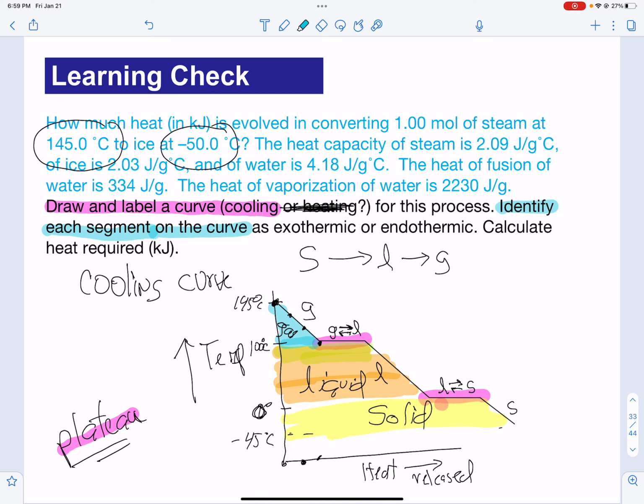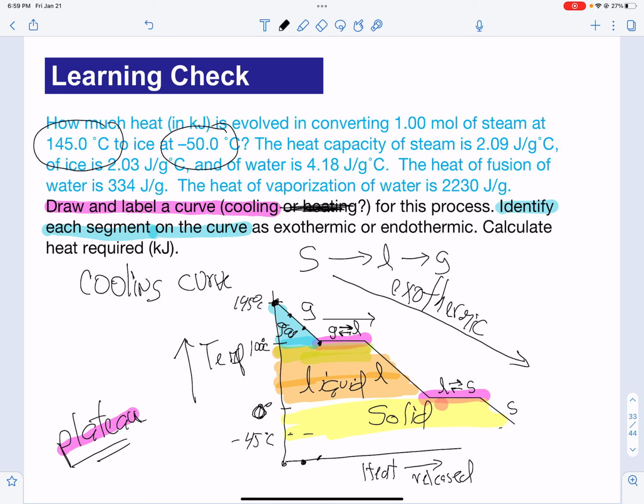Exothermic or endothermic? Since we are cooling down, any process going that way is going to be exothermic. So if I ask you going from gas to liquid, endo or exo, you say, well, going from gas to liquid is this one. So that's going to be exo.